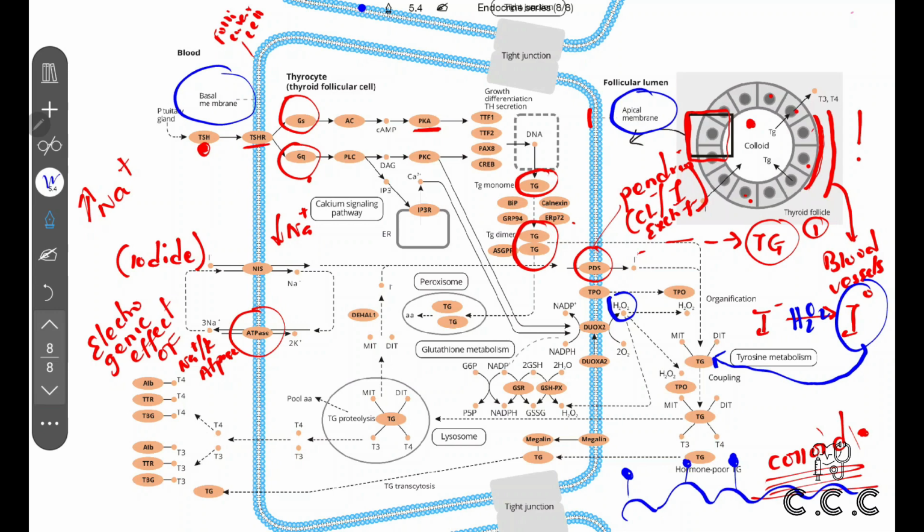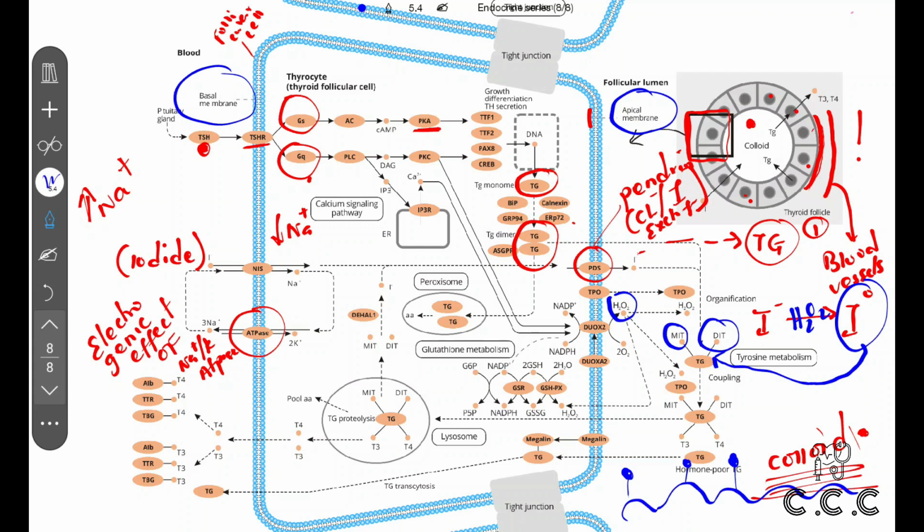And if we anchor it in 2 points, so if we anchor it at the 3rd and the 5th position, we could form a diiodotyrosine. If we anchor it only at the 3rd position, we could form a monoiodotyrosine. So first thing we have to consider is that there has to be an oxidation process. Oxidation means that we are converting the iodide into iodine, right? And for that to take place, we needed the hydrogen peroxide.